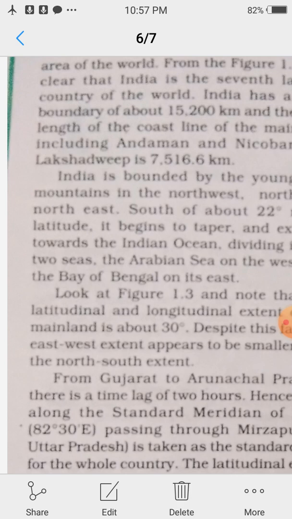South of 22° north latitude, it begins to taper and extend towards the Indian Ocean, dividing into two seas: the Arabian Sea on the west side and the Bay of Bengal on the east side.